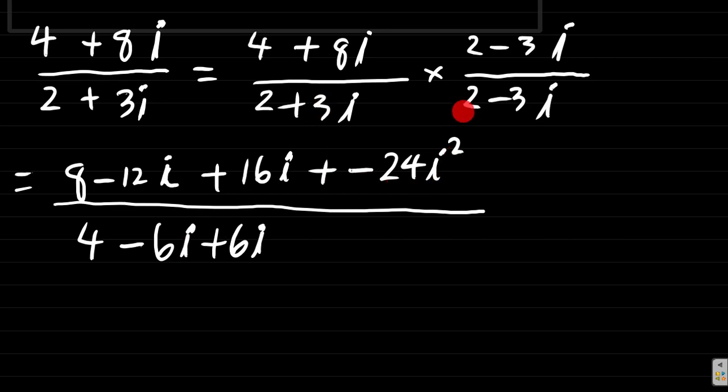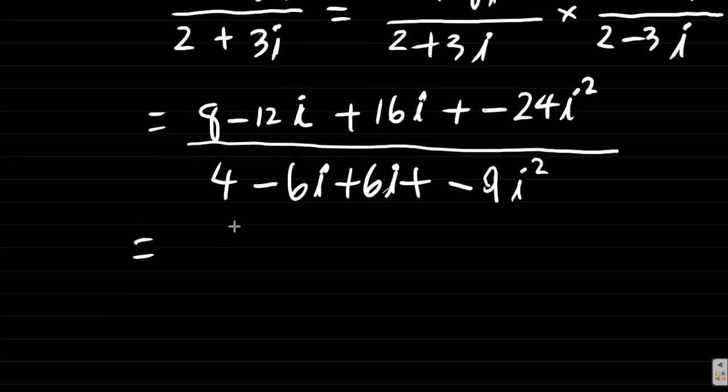And 3i times 2, positive 6i. And then positive 3i times negative 3i. What will that give us? So it's going to be plus 3 times 3, but negative 3 is 9, i squared. See that?